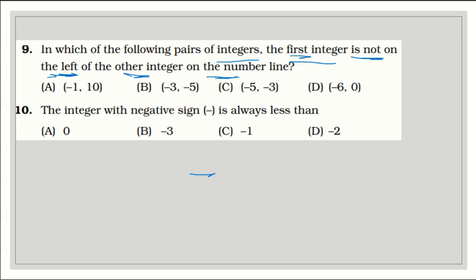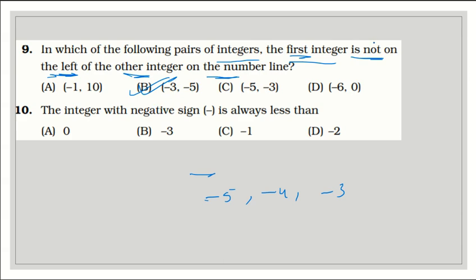So the first integer here, -1, is left of 10. Then -3, always, -5, -4 and -3. So -5 is left of -3 and -3 is not left of -5. So the right option is B only.